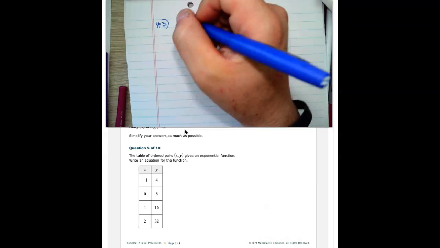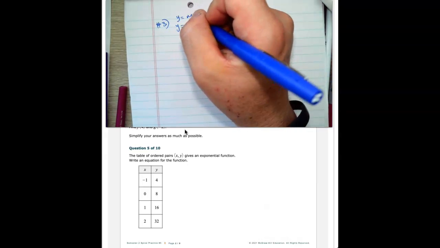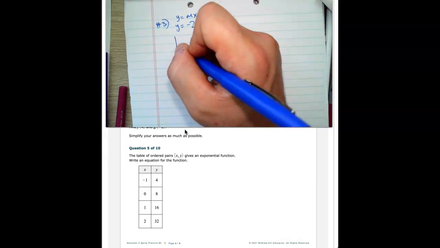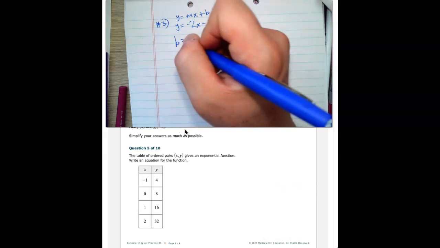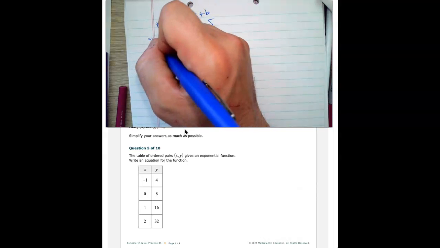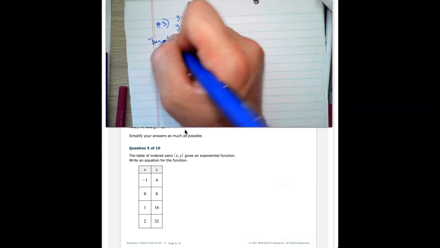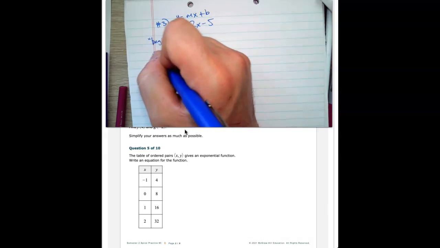And remember, it's in the form y equals mx plus b, where b tells you where to begin, and m tells you how to move.